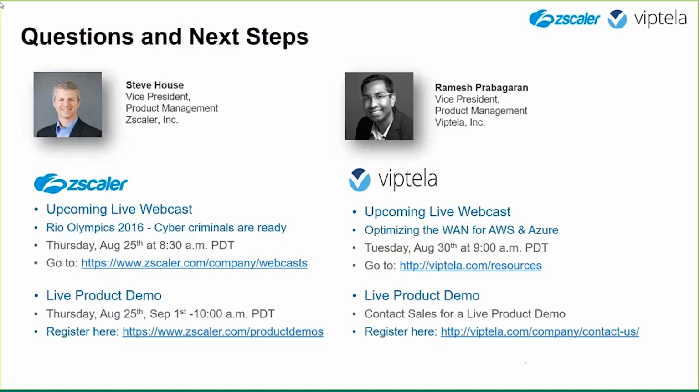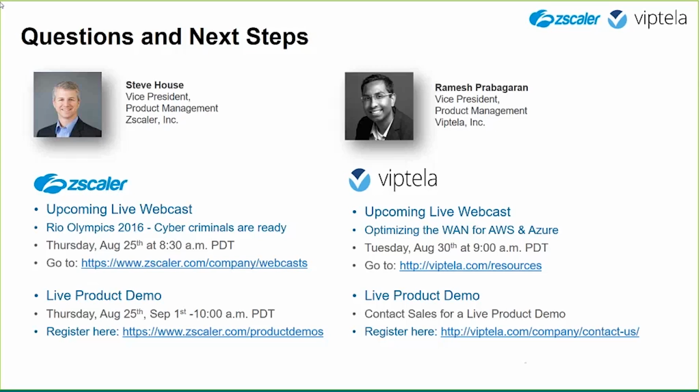Awesome, thank you. Next question is, I think, for both of you, and maybe Ramesh, you can start, and then Steve can add on. With Viptela and Zscaler integration, is there a GRE tunnel or IPsec tunnel between Viptela branch devices and Zscaler cloud? Yeah, I think we covered this in the previous question. Yes, there is a GRE tunnel.